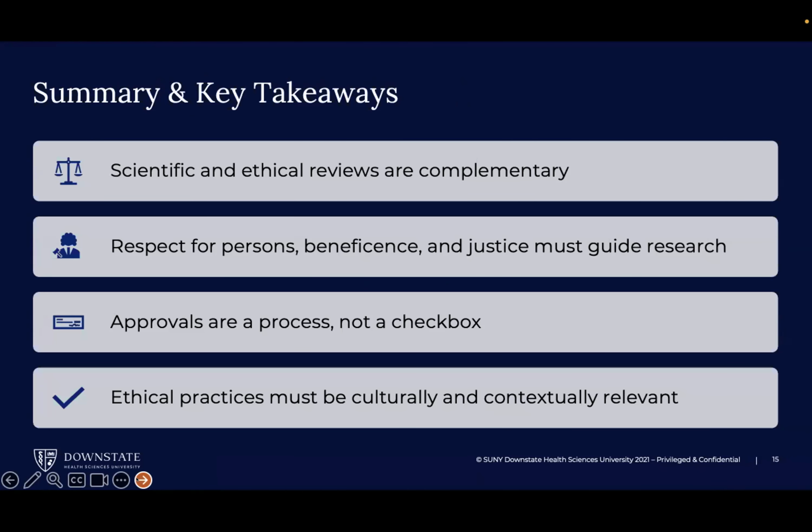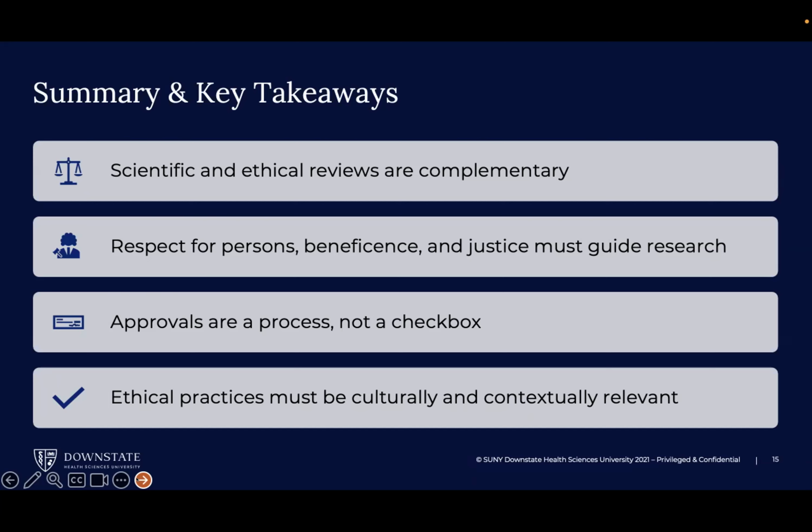So finally, the summary and key takeaways is that scientific and ethical reviews are complementary. You can't do one without the other. So when you are getting an IRB approval, if your institution has two separate departments, you need to make sure that you go through both, and that they're both checked off.